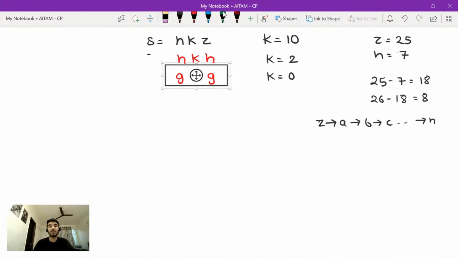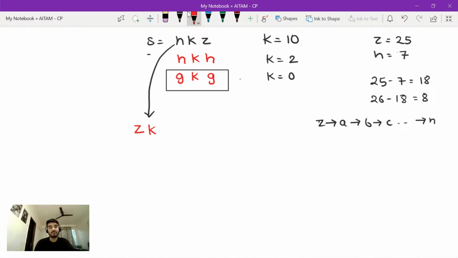But this is not true. From here, what is the best path? The best path is to convert h into z. So in this case, z, k, and z again. Cool. And after this, I am left with two operations, because the same number of operations is required to convert z into h.